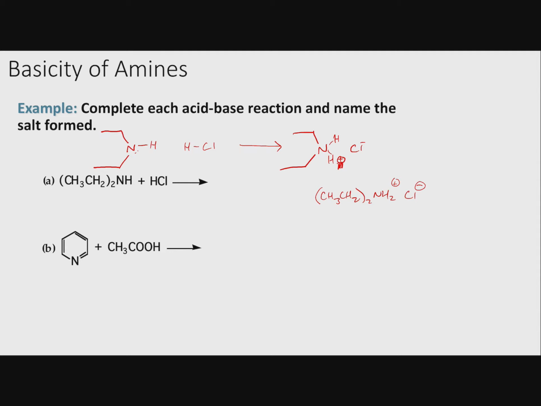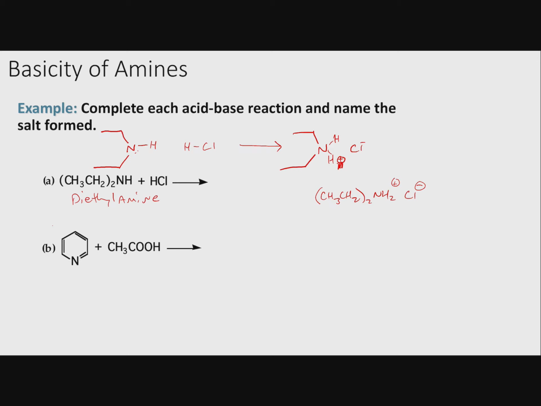This one is tricky. They're trying to see what we're going to do with this. In this case, they want us to name them also. Name the salt. So this was diethylamine, if we use the common name.